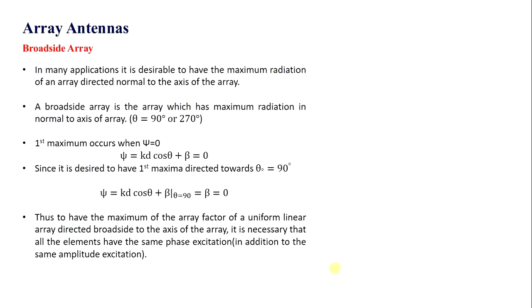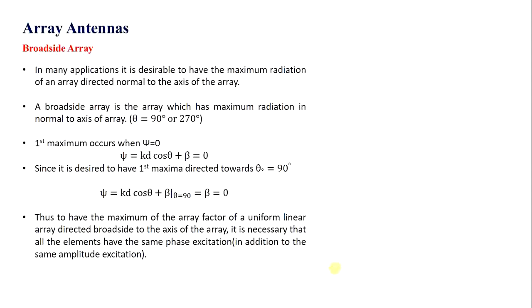In many applications, it is desirable to have the maximum radiation of an array directed normal to the axis of the array. So a broadside array is the array which has maximum radiation normal to the axis of the array.